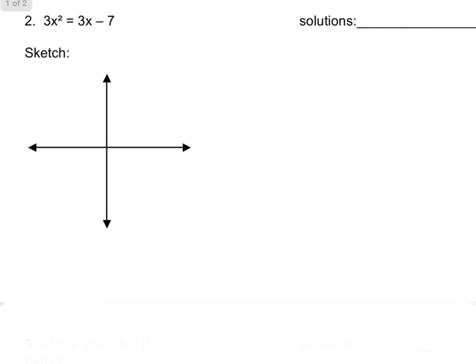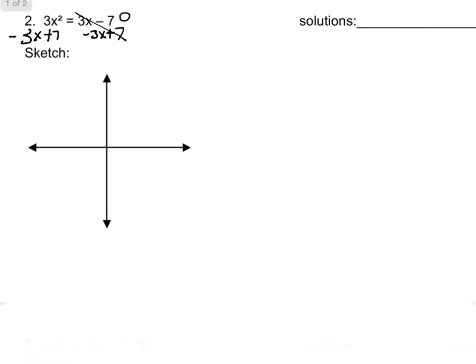Let's go to our second problem that we've got listed. Again, to enter it in a calculator, you're going to have to move everything over. So you're going to subtract 3x and add 7 to both sides, so all of this on the right is now equal to 0.